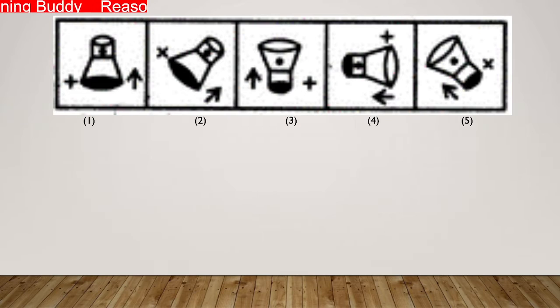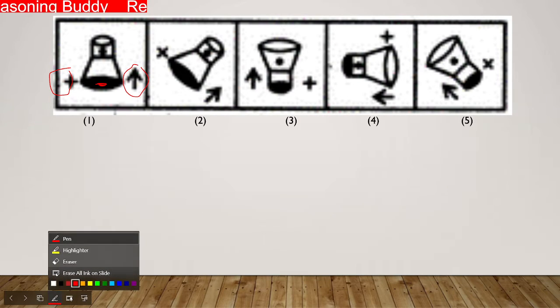In this question, we'll check the possibilities first. What are the main things you have to remember? That is this black portion, plus sign, and arrow. In these three characters we can mainly get differences. Yeah, I got the logic.